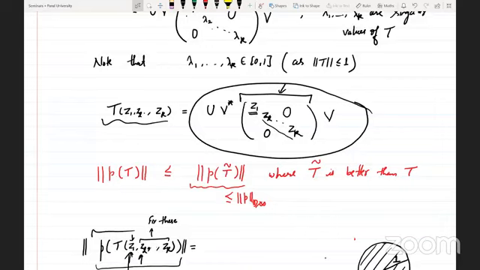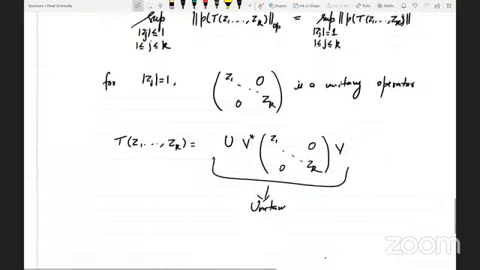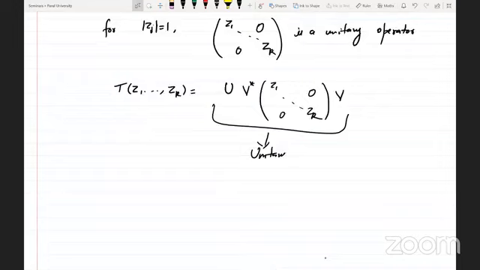Once you can come up with a better T tilde, for which the norm becomes something bigger, and then you compare that with norm P, automatically norm PT will be compared. And that's what we have done here. We have got that if you are working with a T, you can replace it by a unitary matrix. And let's call this T tilde.